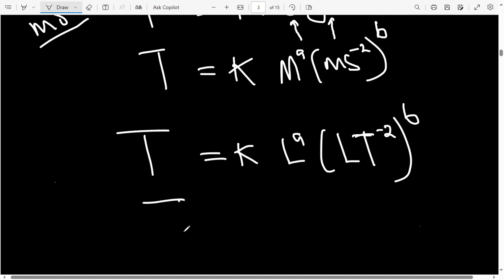So it's going to be T is equal to k L to the power a, and then this b goes to the L, so it will be L to the power b.